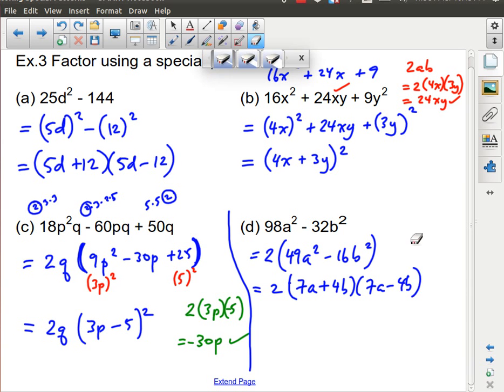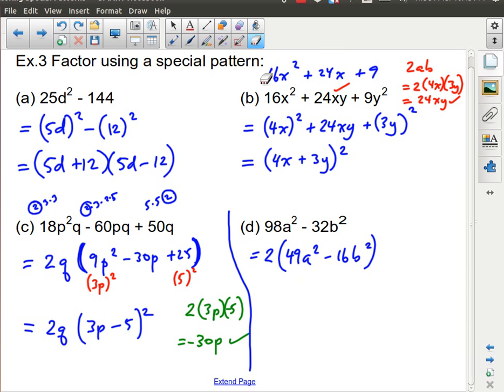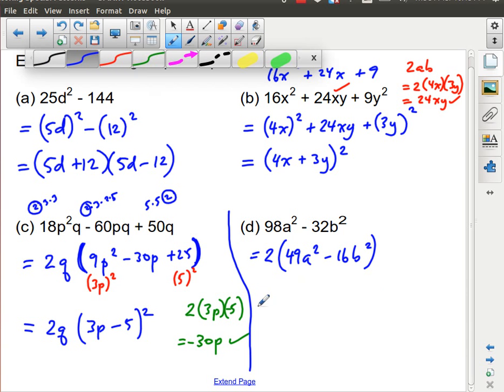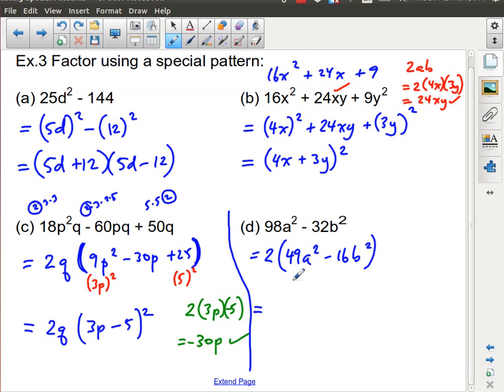And I feel like I rushed that a little bit, so I'm just going to back that out a little bit. And I'm going to take my time here. And let's look at, just to write it out, 49a squared comes from 7a all squared. 16b squared comes from 4b all squared, and I'm subtracting those.